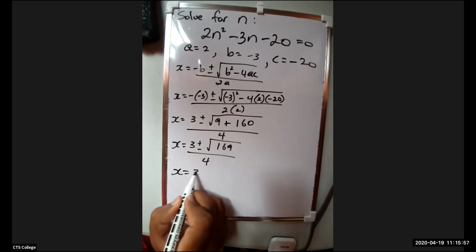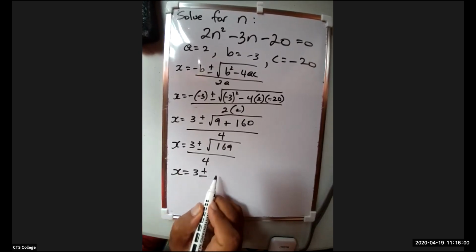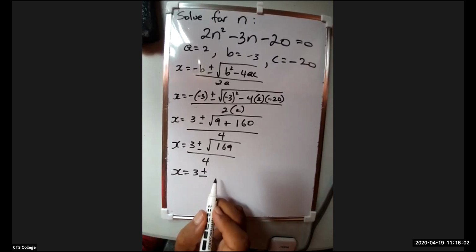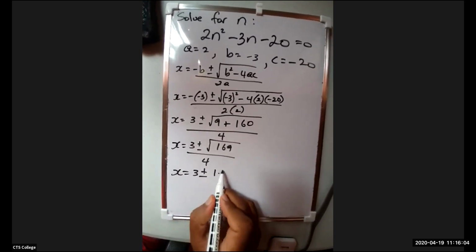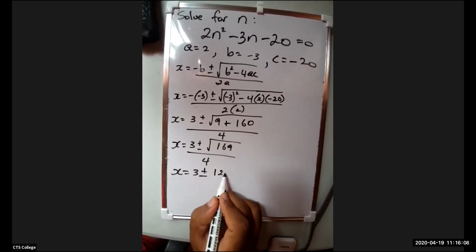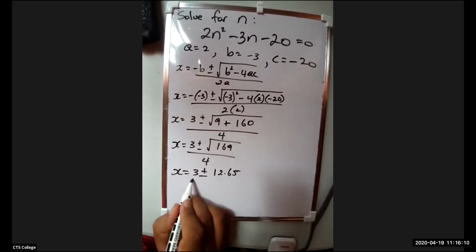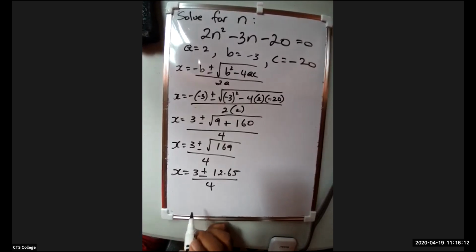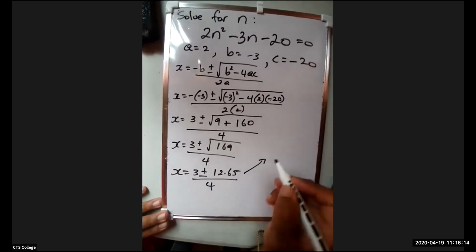X is equal to 3 plus or minus the square root of 169, which is 12.65 all over 4. So now we can split this here.